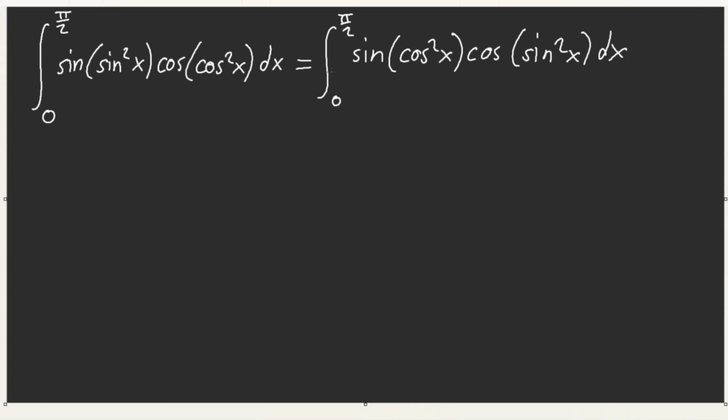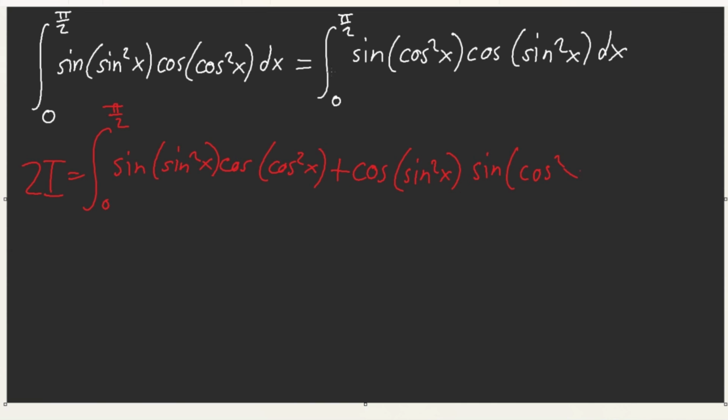So if we add them together from 0 to pi over 2, we have sine of sine squared plus cosine of cosine squared, plus, let me rewrite this, cosine of sine squared and then sine of cosine squared. Now this is a trig identity, the angle addition law, something like that.